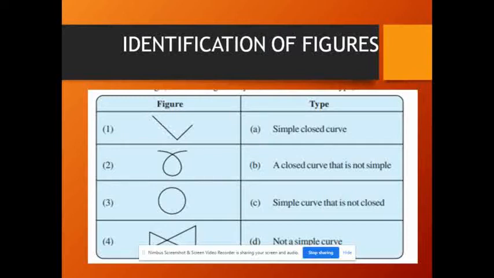So for the first one, look at the types: simple closed curve, a closed curve that is not simple, simple curve that is not closed, not a simple curve. So the first one, look here, it is a simple curve but not closed.